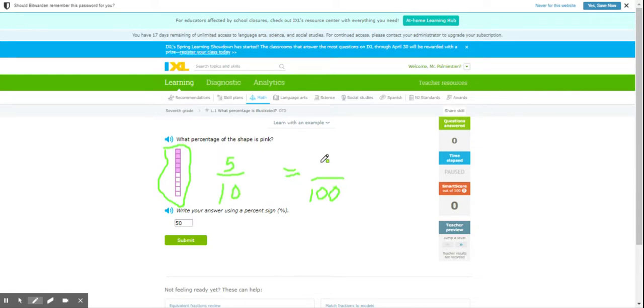So what we would do is we would use multiplication. I'm going to use my multiplication dot. We would think, 10 times what number gives me 100? Well, 10. But you have to remember, whatever you do to the bottom, you must also do to the top. So I'm also going to times the top by 10.